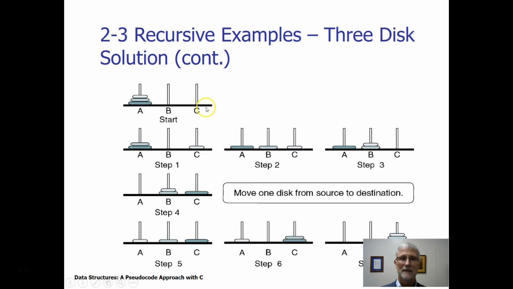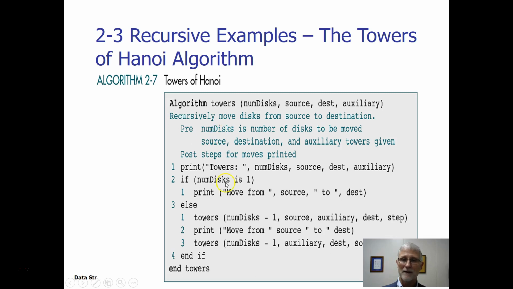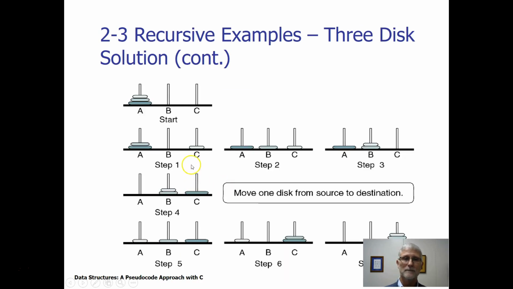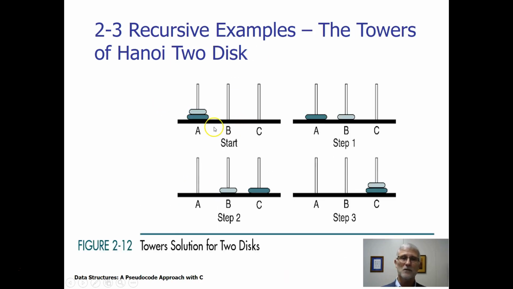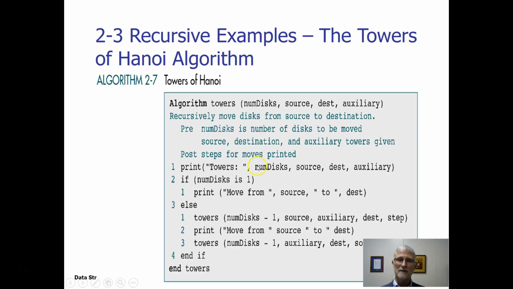It started off with breaking it down, and went source to auxiliary to destination. So if we go back up here to 2, it's going to start off being move to auxiliary and then auxiliary to destination.